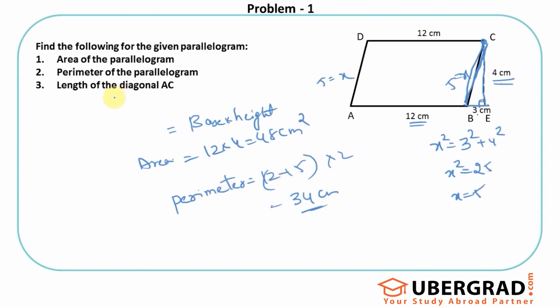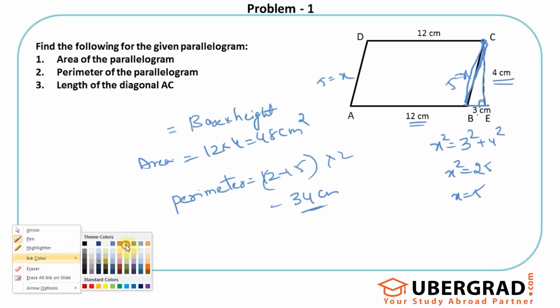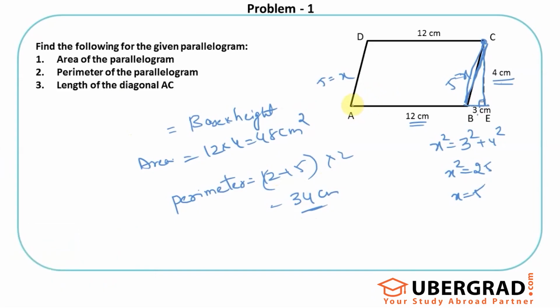What about the length of the diagonal AC? The length of the diagonal AC is this, right? As I said, I'll try to find a right angle triangle. AC is this, this is the other leg, this is the height, and this is the 90 degrees. So I have a right angle triangle like this.